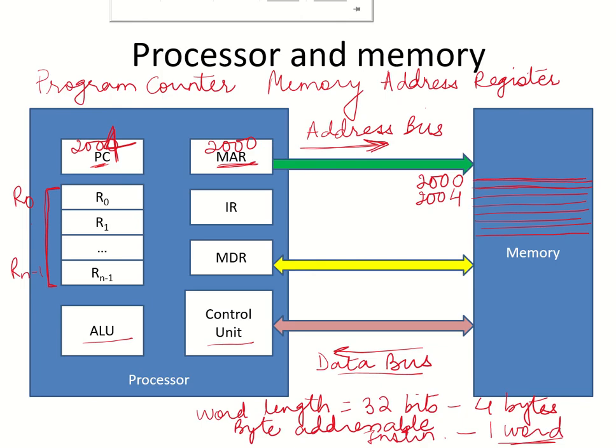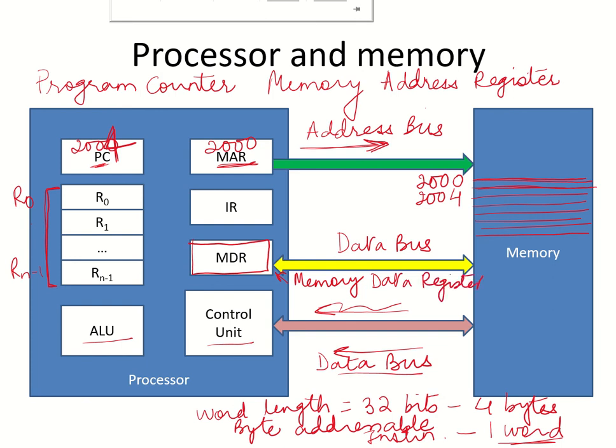So whatever was at address 2000, this instruction has come via the data bus into a register which is the MDR. This is called the memory data register.